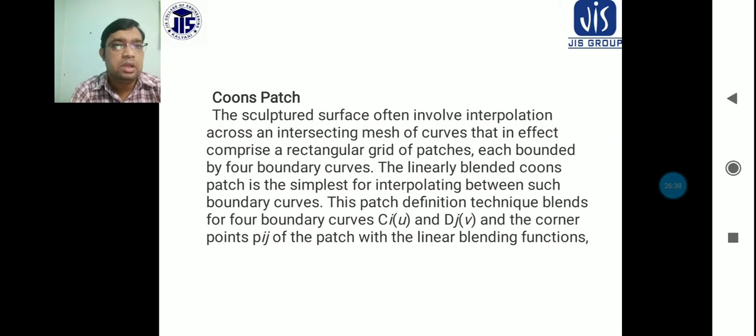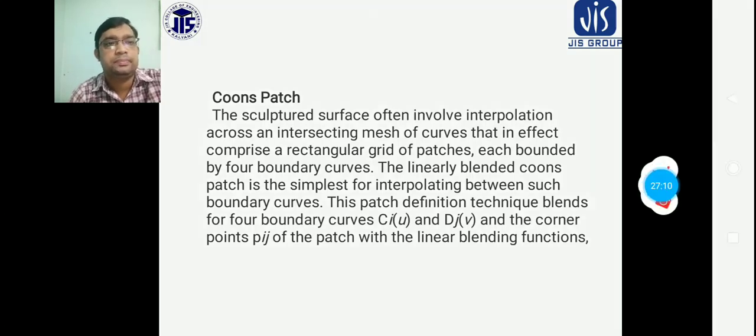This patch definition technique blends the four boundary curves, C iu and D jv, and the corner points Pij of the patch with linear blending functions. The Coons patch requires the four boundary curves, and each linear blending function is also considered.